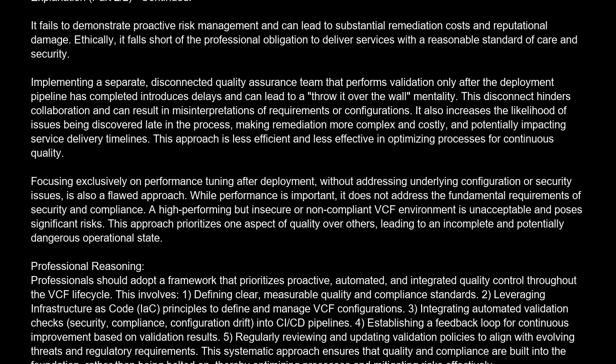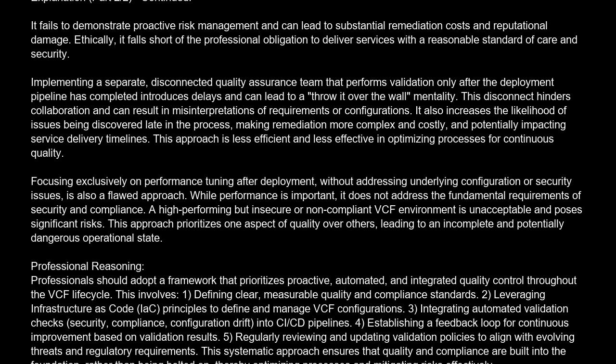Professional reasoning. Professionals should adopt a framework that prioritizes proactive, automated, and integrated quality control throughout the VCF lifecycle. This involves: 1. Defining clear, measurable quality and compliance standards. 2. Leveraging infrastructure as code (IaC) principles to define and manage VCF configurations. 3. Integrating automated validation checks, security, compliance, configuration drift into CI/CD pipelines. 4.